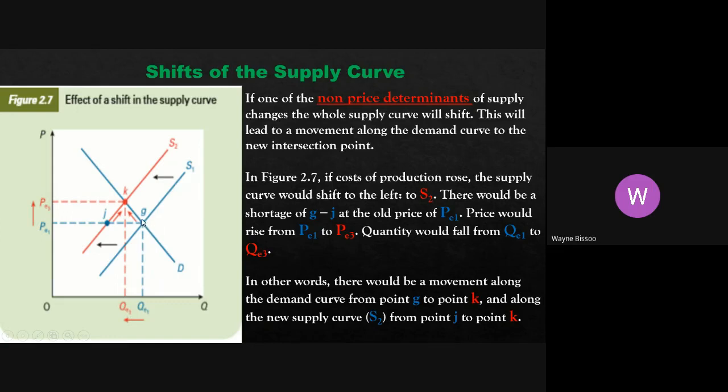Then something happened to cause the supply curve to shift backwards. It could be, let's say if we're talking about agriculture again, a drought. It could be floods that wiped out crops and stuff like that. So that means the supply has been reduced at all prices. All right. So then the supply curve shifted from S1 to S2.